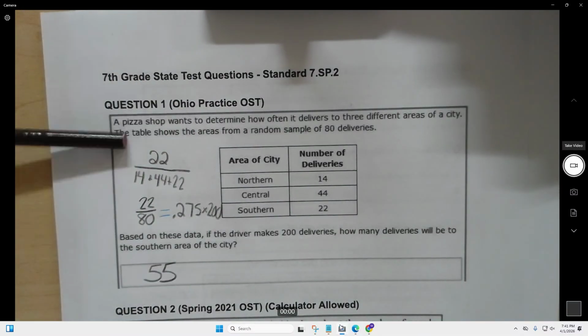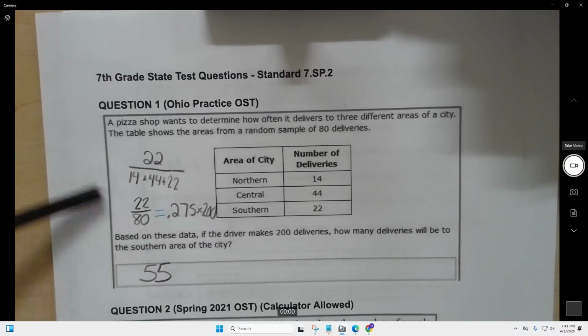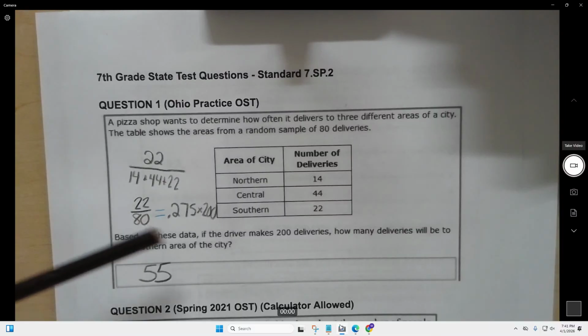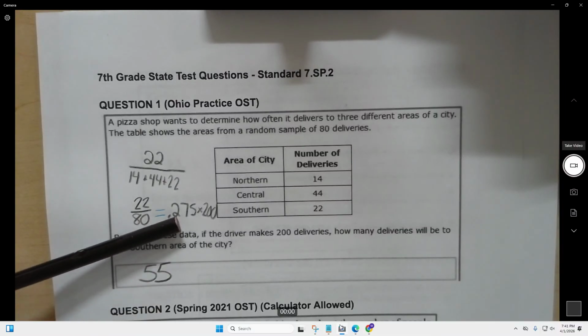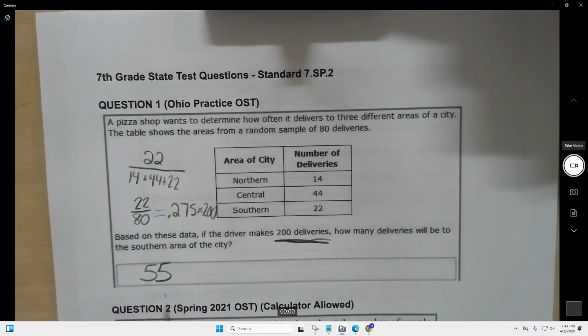So we found out what percent by taking the amount that went to the southern, dividing it by the total number of deliveries. That gave us 0.275, multiplied that by how many deliveries they're going to make, and that gave us what's called the expected number.